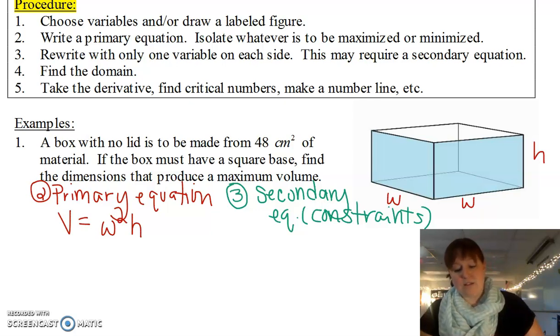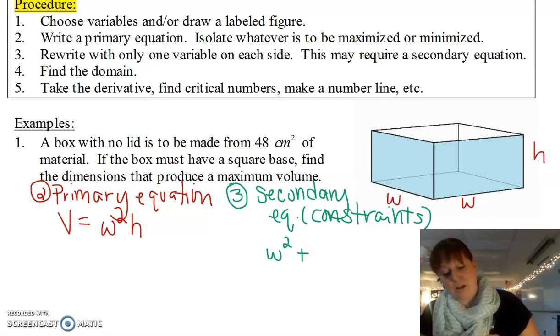Well, it's width times width, that's the bottom of the box, so it's width squared. This has no lid, so we don't have to worry about the top. And the area of each of the sides would be W times H, because it's width times height. And there's 4 of those sides, so 4WH. And how much can that equal? Well, at most, it has to equal 48.